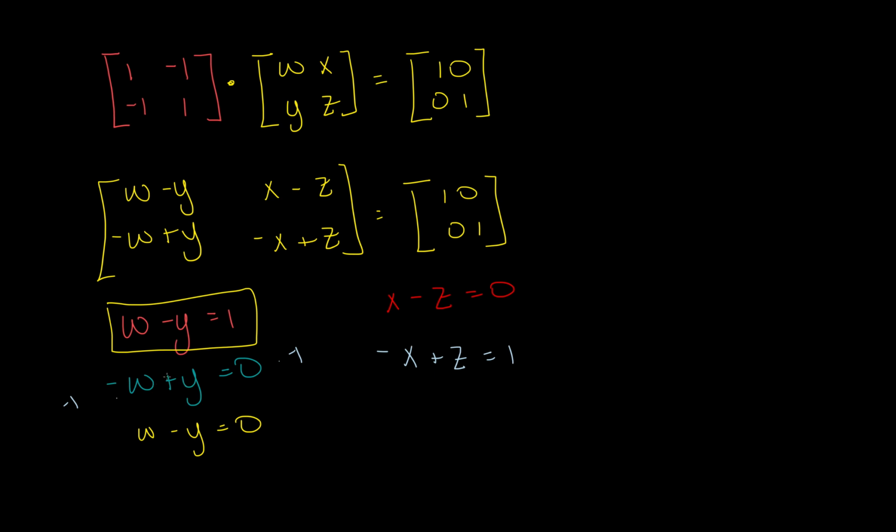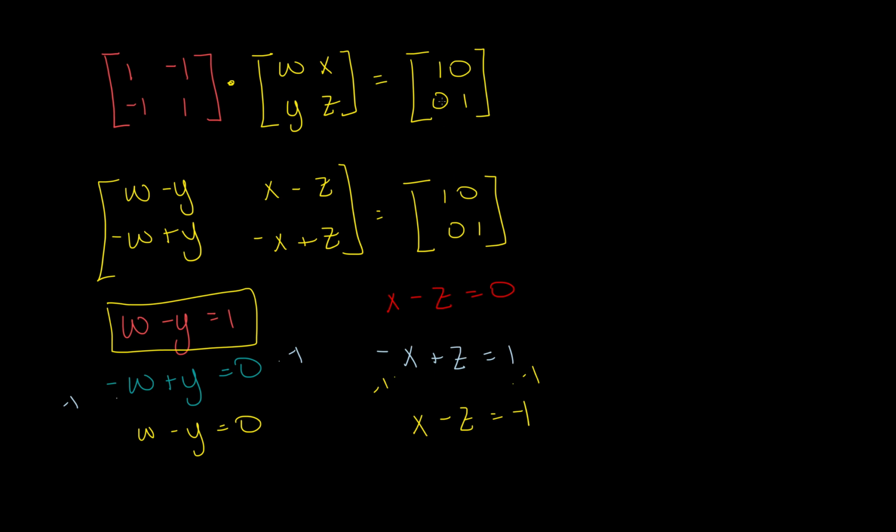There's nothing we can do here. Even if we multiply by -1 on both sides here, we get X minus Z equals -1, and again, we can't have 0 and 1 being a solution for these two variables.